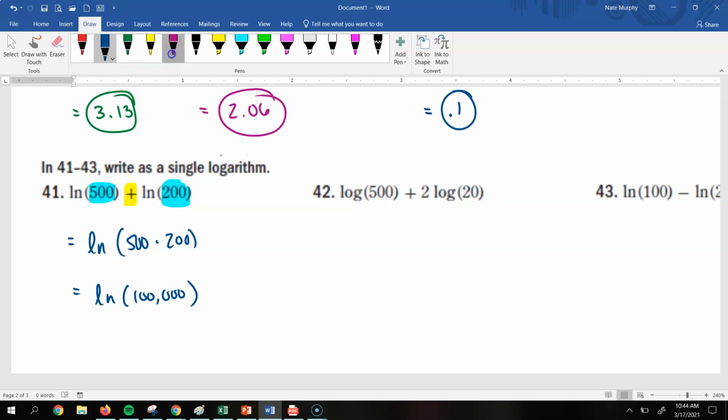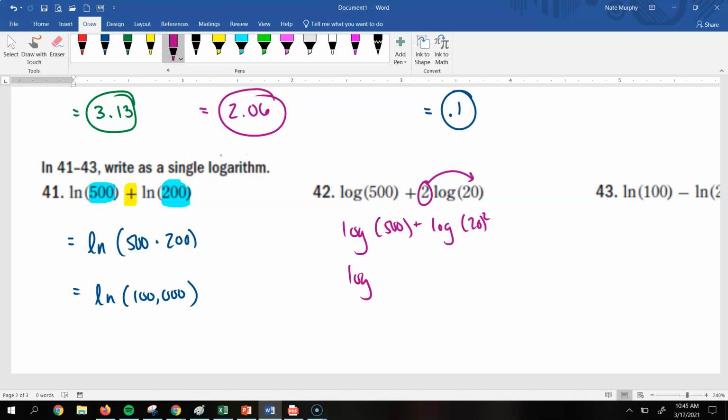For number 42, we see that we have an exponent here. So that exponent would be applied to the 20. So this would be the same as a log of 500 plus the log of 20 squared. Now we could do a couple of things here if you want. You could multiply these together, and or you could square the 20. Let's actually do that.